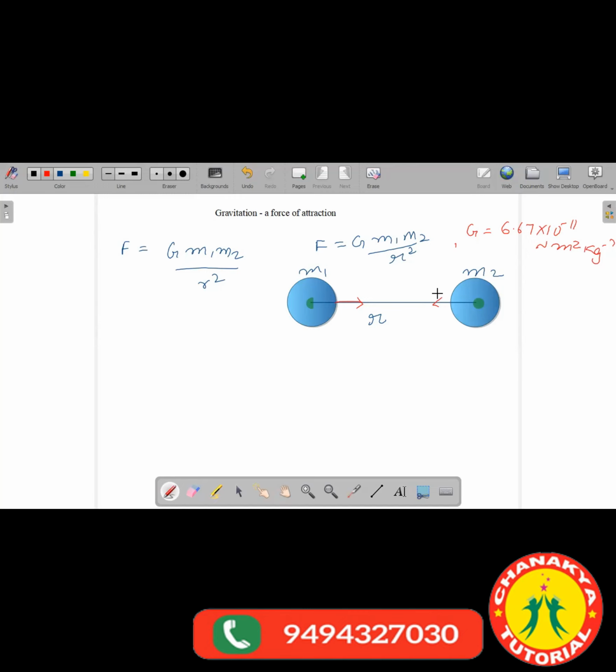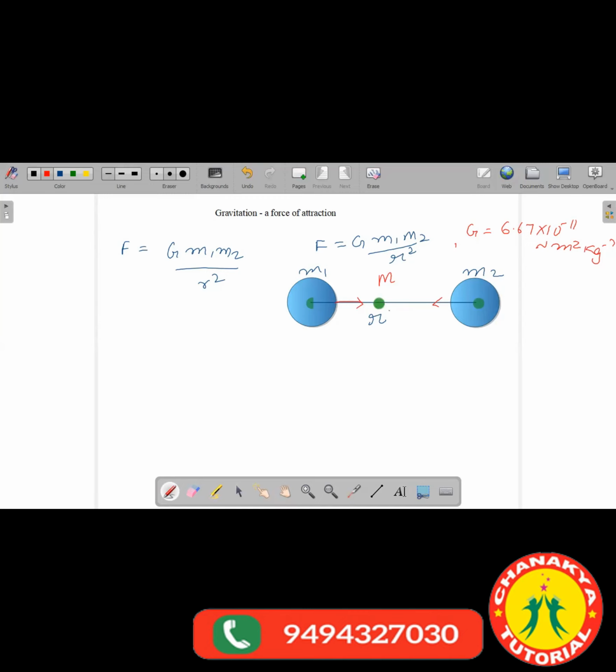Suppose we talk of our solar system and let there be two planets, m1 and m2, separated by some distance r. Then let's say I have a mass m in between them. There is a point between these two masses at which this mass m will experience a net zero force, because at every point it is experiencing two forces.